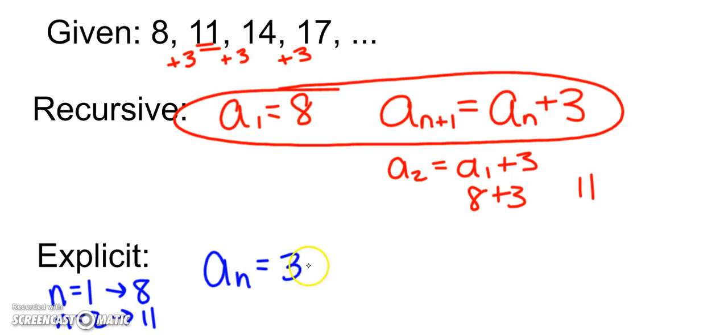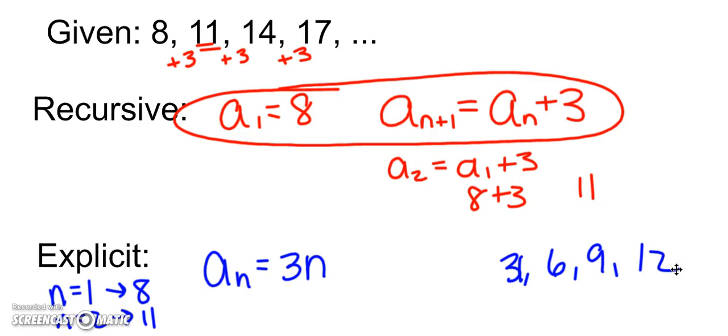So we're going to take 3 times our number, n, but 3 times 1 is only 3. 3 times 2 is 6. 3 times 3 is 9. 3 times 4 is 12. So right now I'm just at 3, 6, 9, 12.